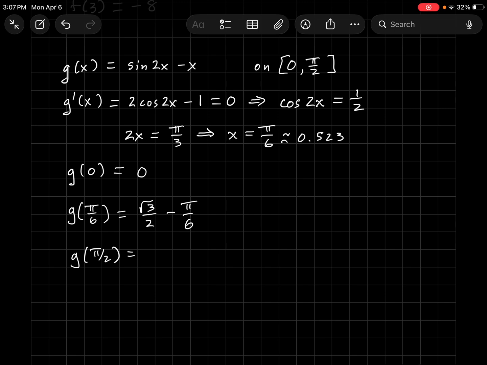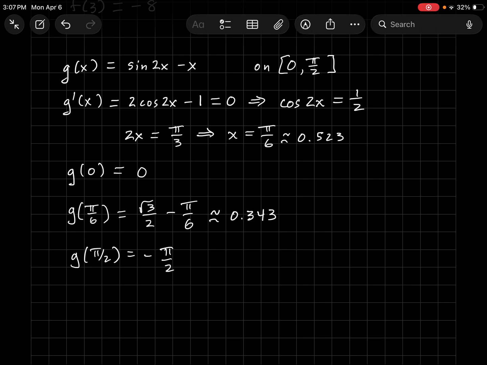And if we get an approximation for that, we get a value of about 0.343, assuming I typed things correctly. And then g of pi over 2 is the sine of pi, which is 0, minus pi over 2.